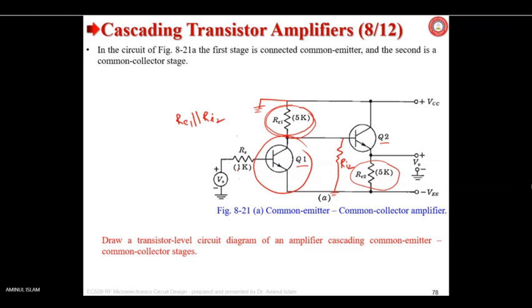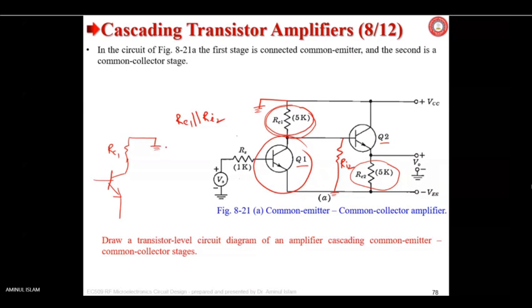No, sir. See, this first transistor has one resistance, the collector resistance RC1. For AC analysis, DC voltages are grounded.